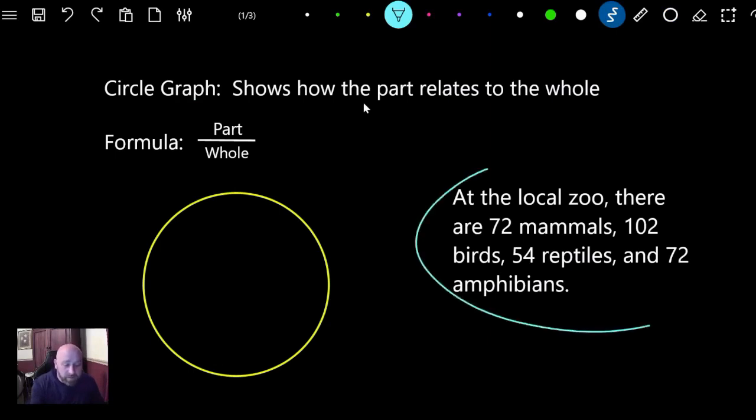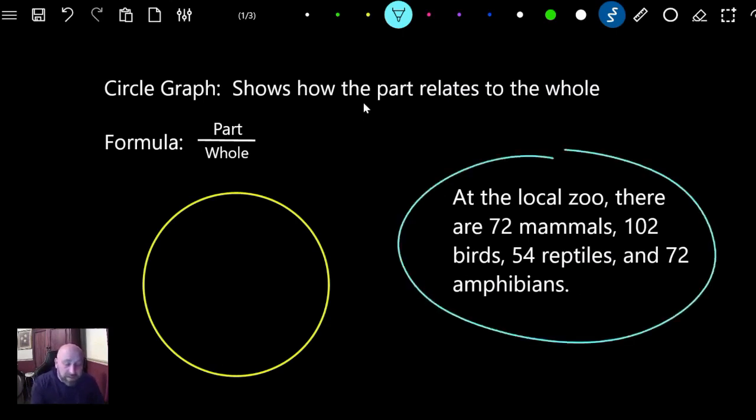So let's take a look at this little problem. At the local zoo, there are 72 mammals, 102 birds, 54 reptiles, and 72 amphibians. What we want to do is represent this data, these words, if you will, in the circle so that somebody can see a picture of what's going on.